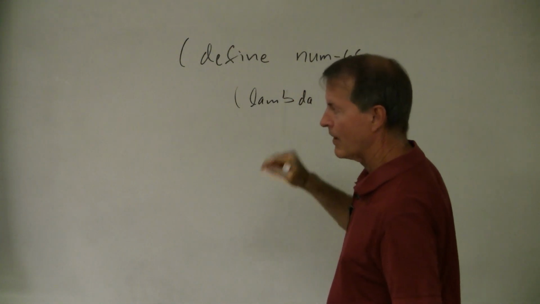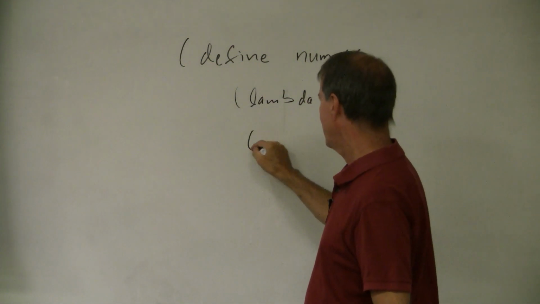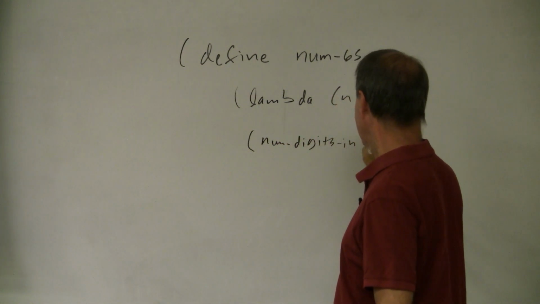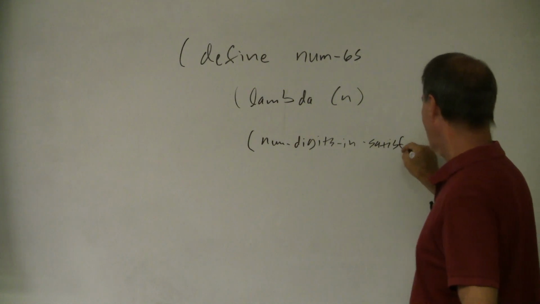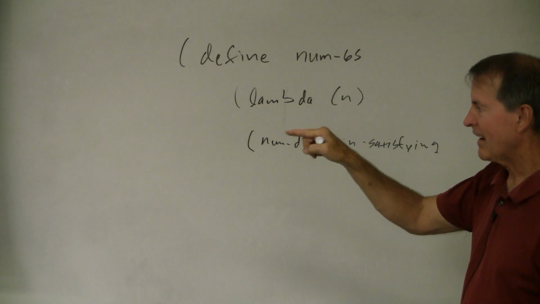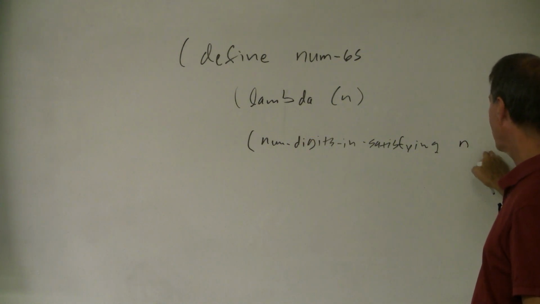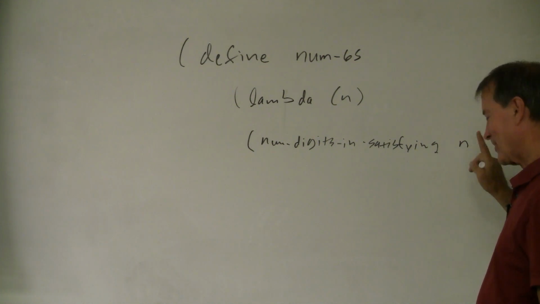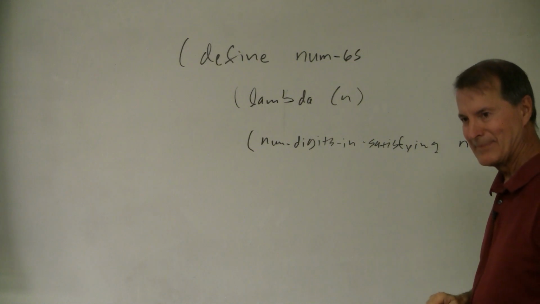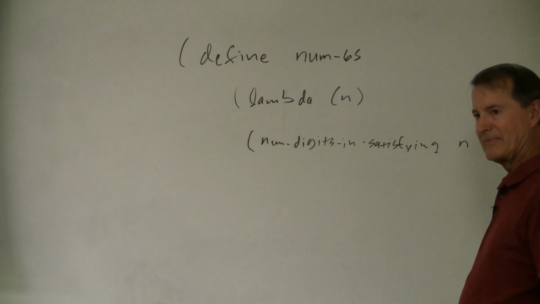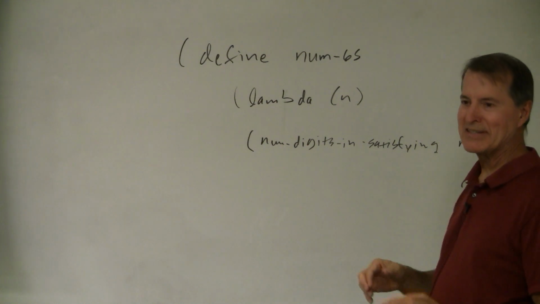Lambda n. And now what? Yeah, num digits in n satisfying, and now what do we put? N. But now what do we put? What is its type? Oh, come on, you guys. This is the functional paradigm.